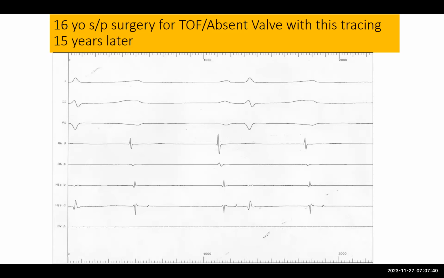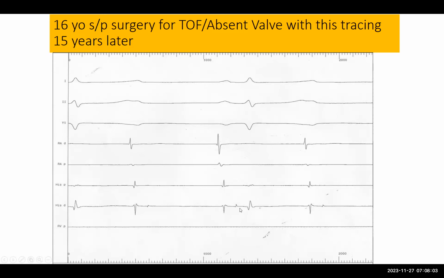And what's the normal HV? Is it longer or shorter than the AH? It's much shorter, usually 35 to 50 milliseconds. So when a person has normal AV node and His-Purkinje conduction, the AH interval ought to be equal to or longer than the HV, but usually longer.